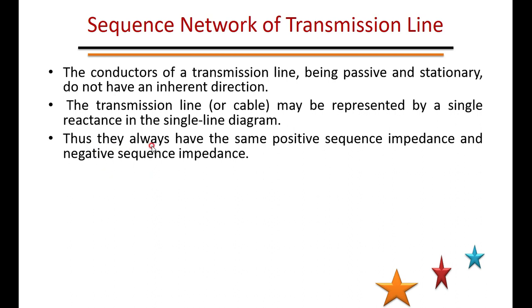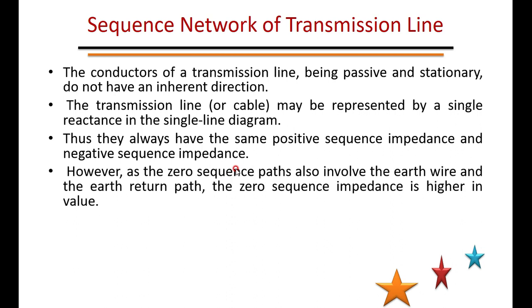Thus they always have the same positive sequence impedance and negative sequence impedance. As in the case of the transformer, in the case of the transmission line also, the positive sequence impedance or reactance is the same as its negative sequence impedance or reactance.